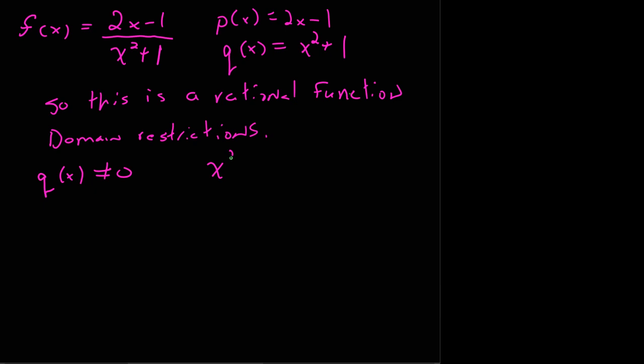So x squared plus 1 cannot equal 0. So x squared can't equal negative 1. So x can't equal plus or minus i. That's okay, because our domain is coming from all real numbers. There are no domain restrictions for this one.